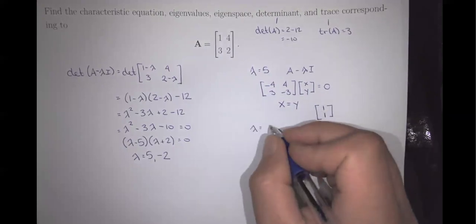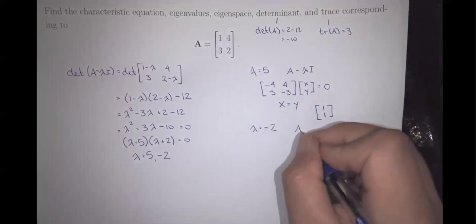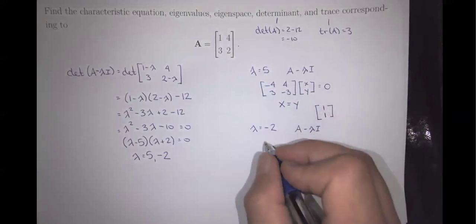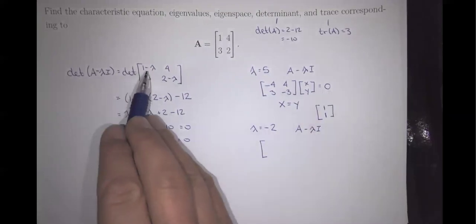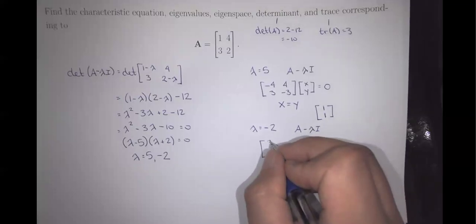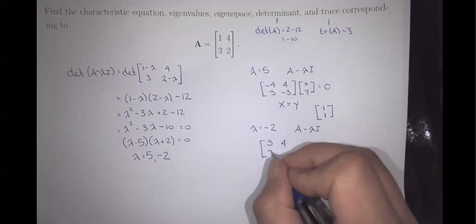So the eigenvector associated with the eigenvalue negative 2, again, we look for A minus lambda I, where lambda is equal to negative 2. So we get 1 minus negative 2 is going to be 3. And then we've got our 4. And then we've got our 3.